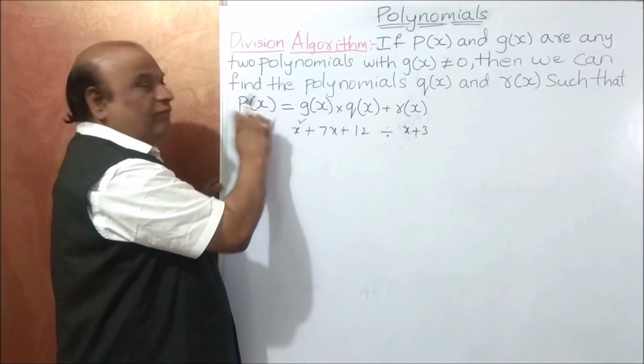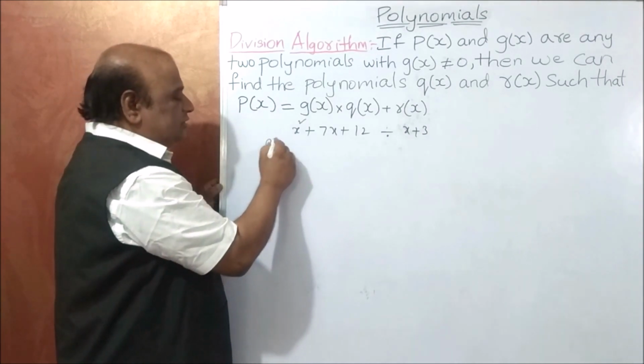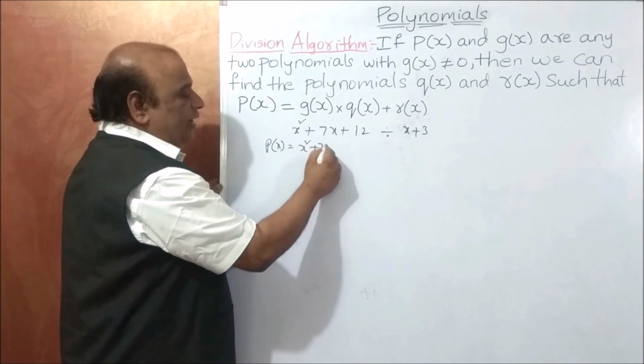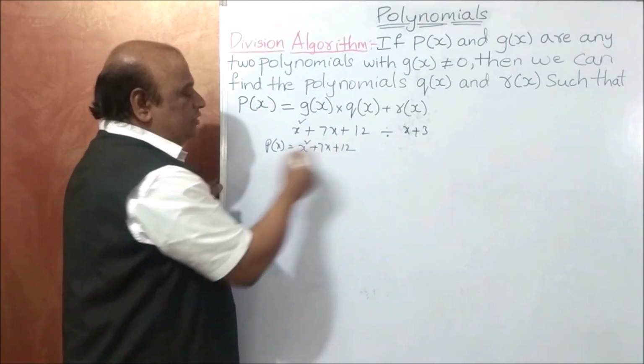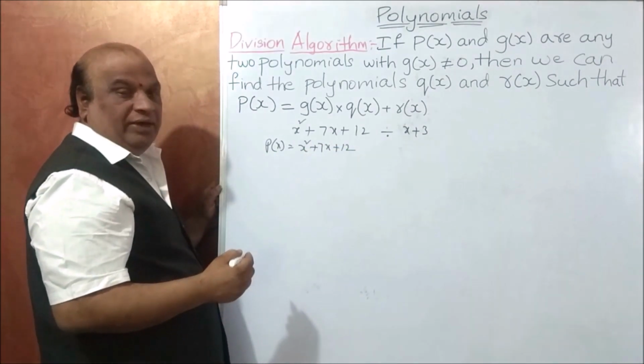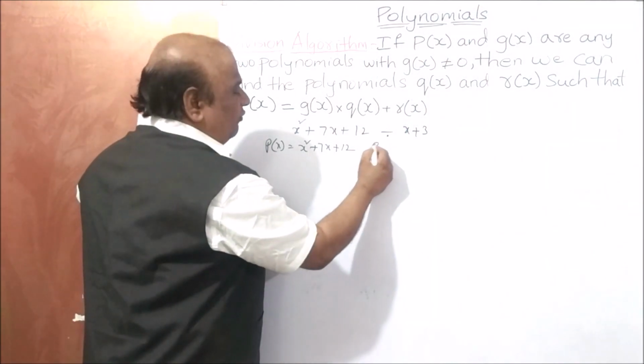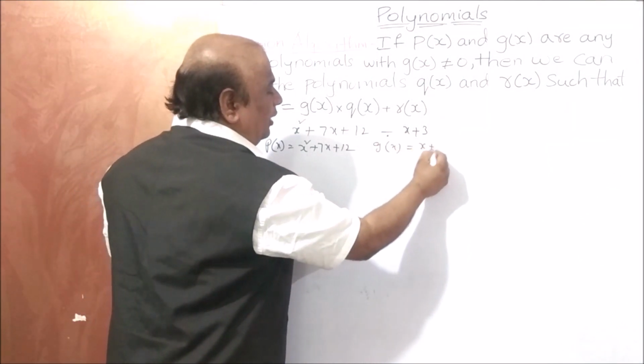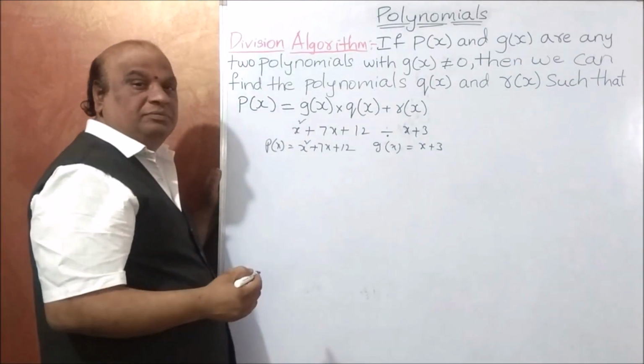It is nothing but P of x. So P of x is given as x square plus 7x plus 12. This is P of x. It is G of x. G of x is equal to x plus 3.